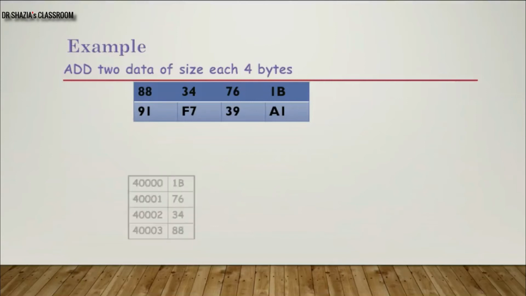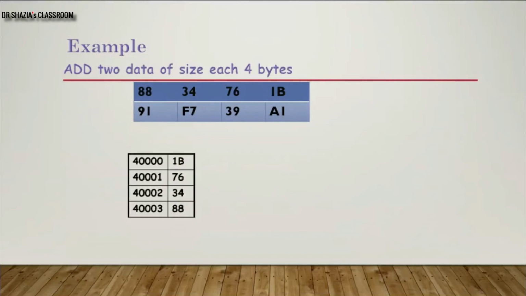As the first data is at 40,000, in memory location 40,000 we will have the LSB byte of data stored. This is because we are using little endian format of storing. All our 86 processors are in little endian format, so they will store the LSB byte of data first, followed by the MSB or higher significant bytes.